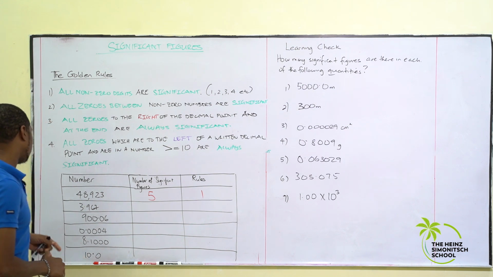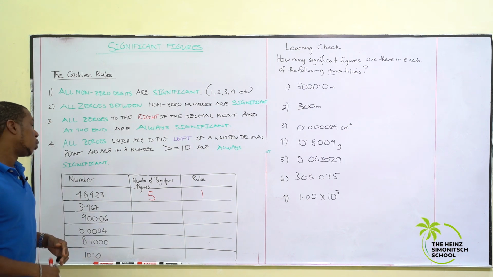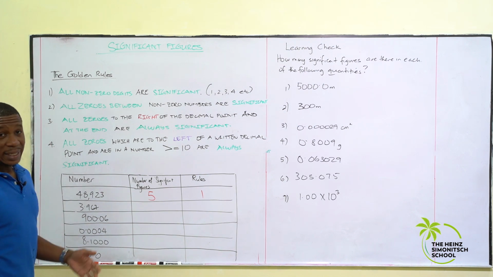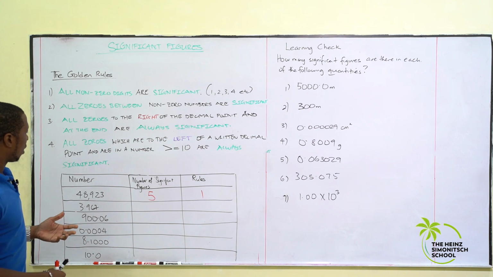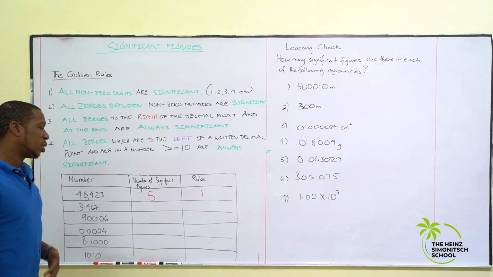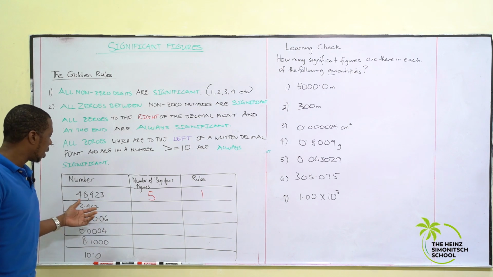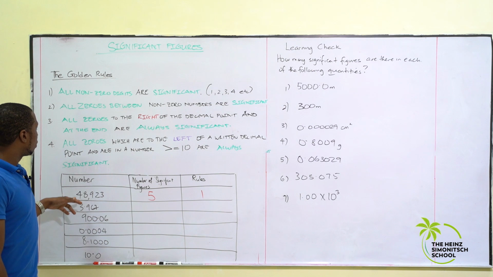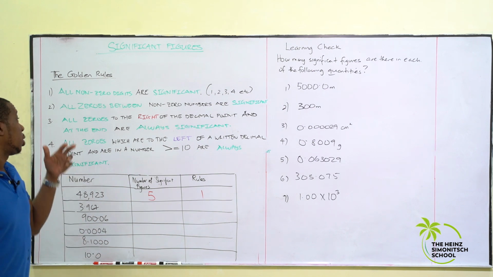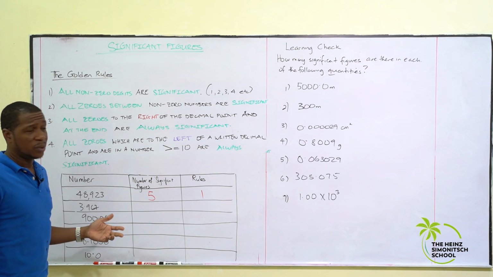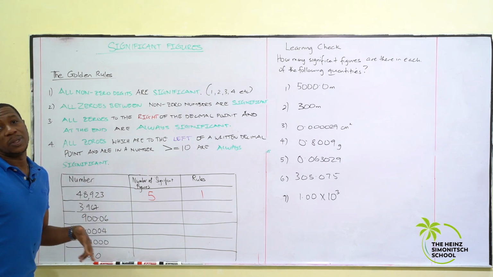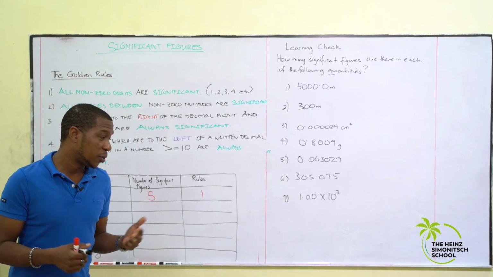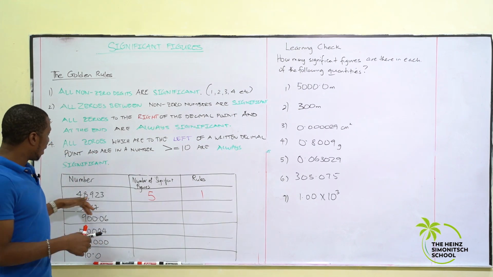Let's look at the second number below, which is 3.967. We want to identify again how many significant figures are in that. So first thing we need to do is to look at the digits that are actually significant. 3 is significant, of course, because it is a non-zero number, and therefore all the other numbers in there are significant because they are non-zero.